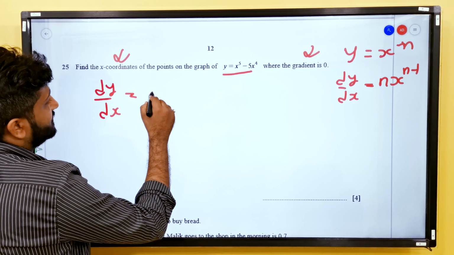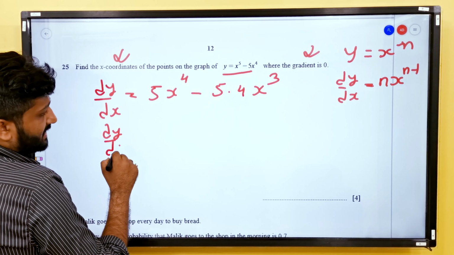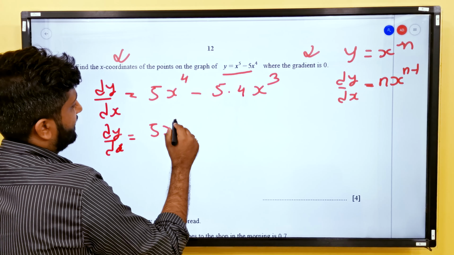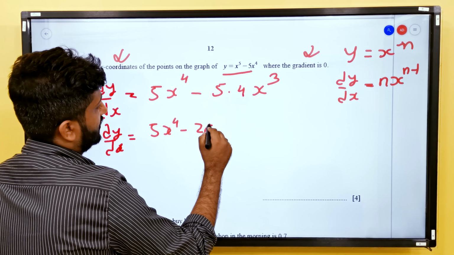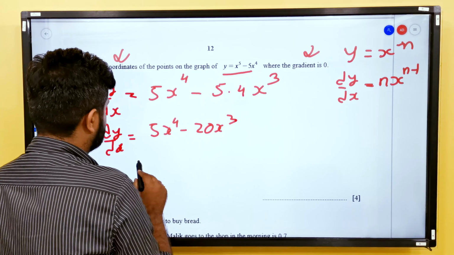dy by dx is 5x power 5 minus 1, which is 4, minus 5 into 4 x power 4 minus 1, which is 3. So dy by dx is going to be 5x power 4 minus 20x cube. But we have been given that dy by dx is 0.